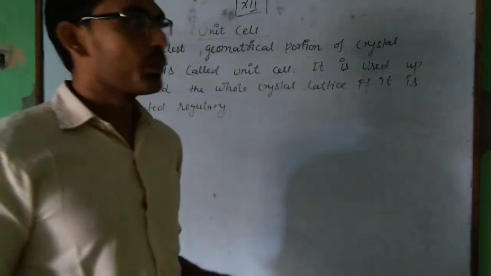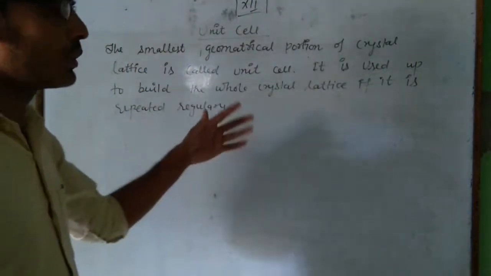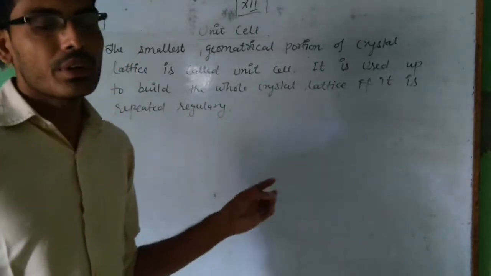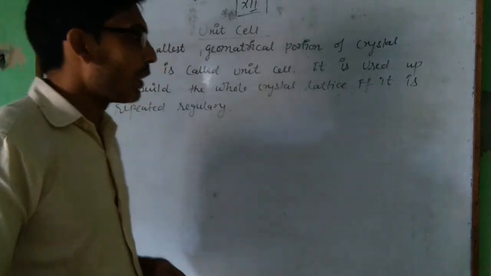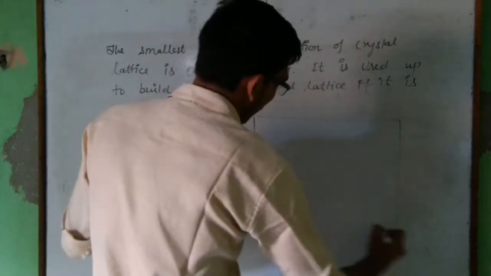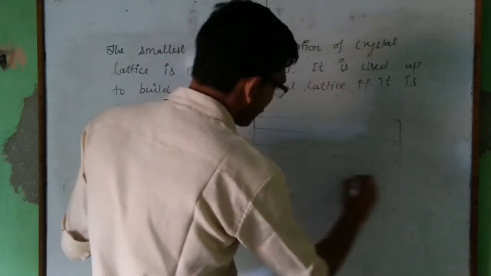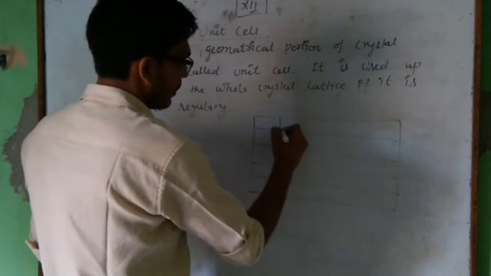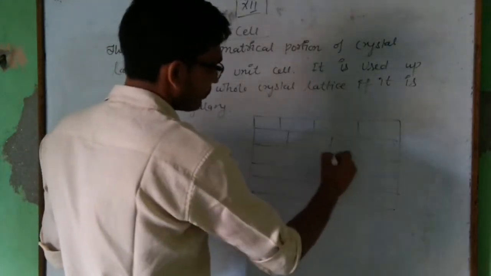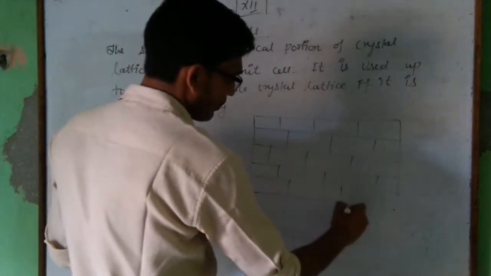So dear students, what is unit cell? Unit cell is the smallest geometrical portion of the crystal lattice which can be used to build up the whole crystal if you are continuously repeating it again and again. As an example, if we are building a wall which is made up of bricks, this is a wall which is made up of bricks.